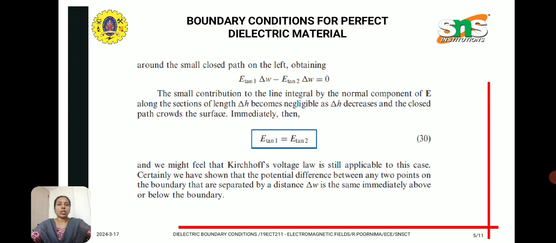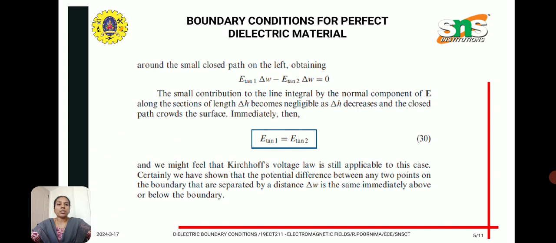Considering a closed path in a conservative field, we apply the conservative law of the electric field and get this equation: E tangential 1 equals E tangential 2. Here the small contribution to the line integral by the normal component becomes negligible.